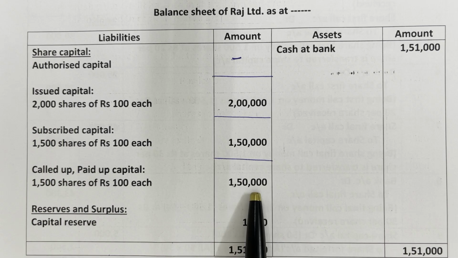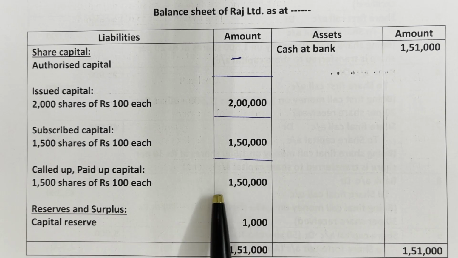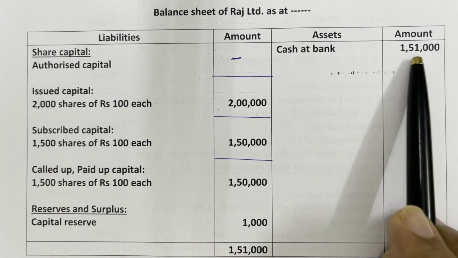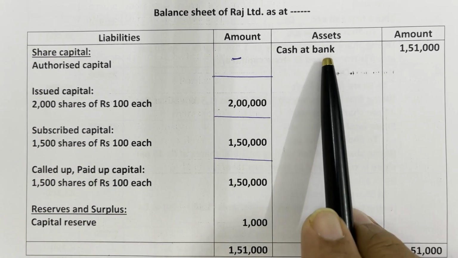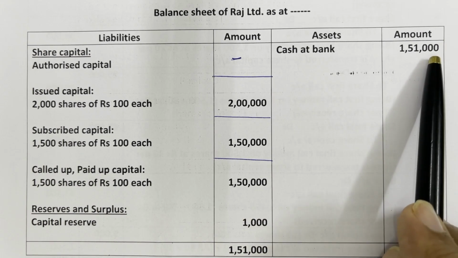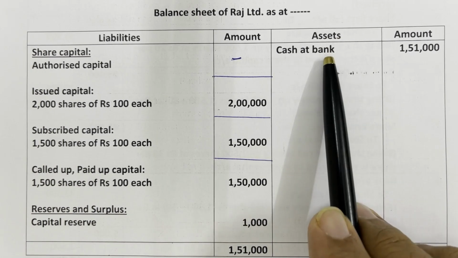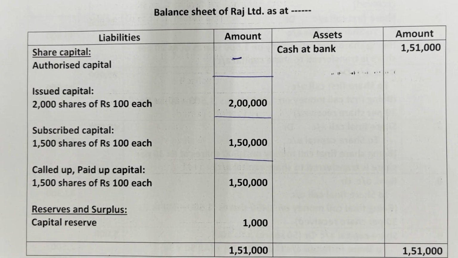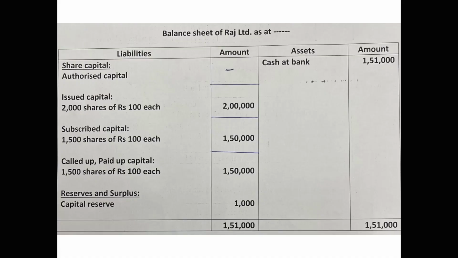Paid up capital amount we should consider. So paid up capital 1,50,000 plus capital reserve amount 1,000, total 1,51,000. Asset side also same. If you post all the journal entries in bank account, then same balance comes. Therefore, asset side cash at bank amount is 1,51,000. Two side totals same. Take a screenshot of balance sheet.